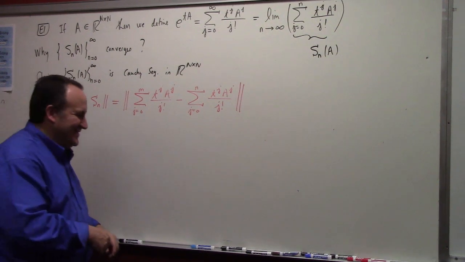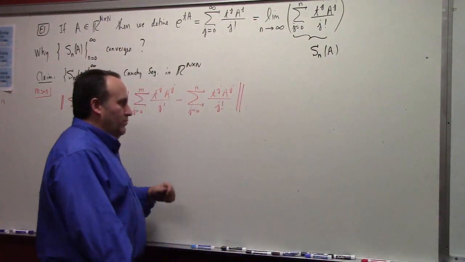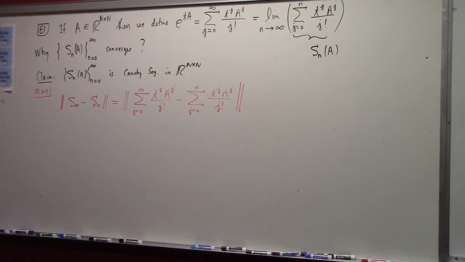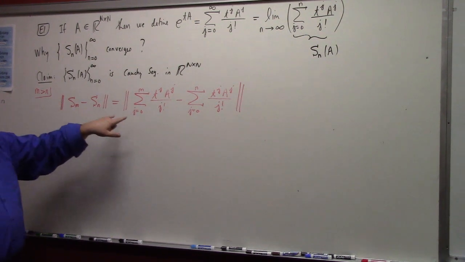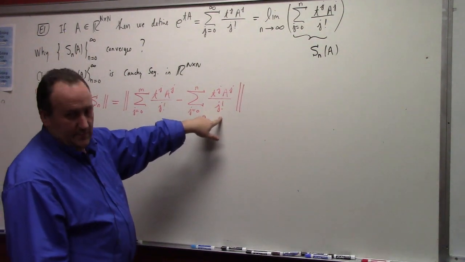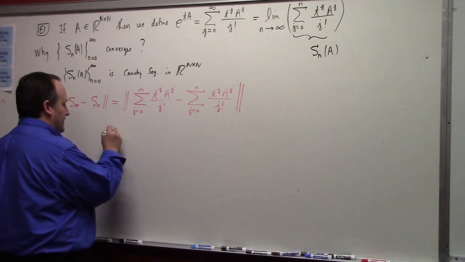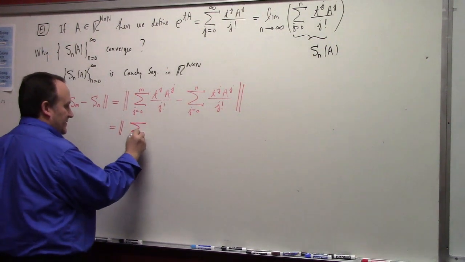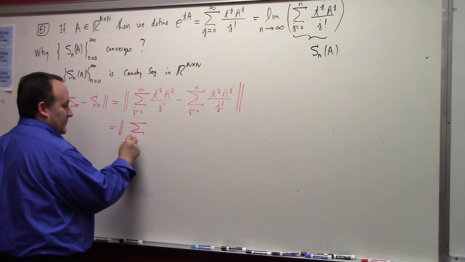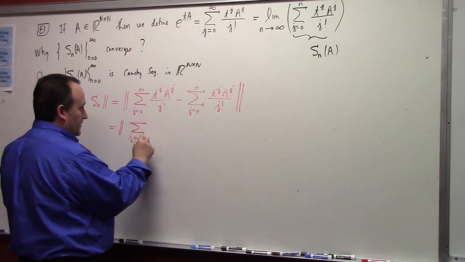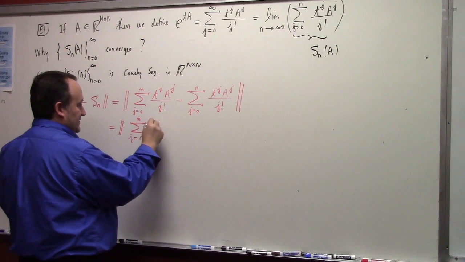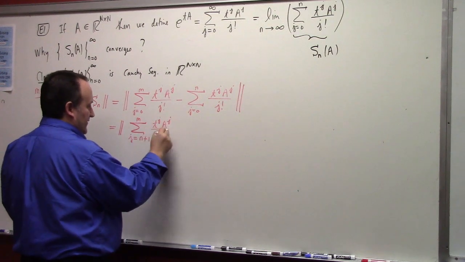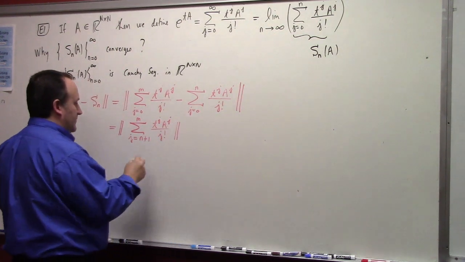Oh well, it's still good for us to do it. How does that simplify? Since m is greater than n, the first sum contains all of the second and then some. So by the usual laws of how finite sums are constructed, that is the sum from j equals n plus 1 to m of t^j A^j over j factorial.